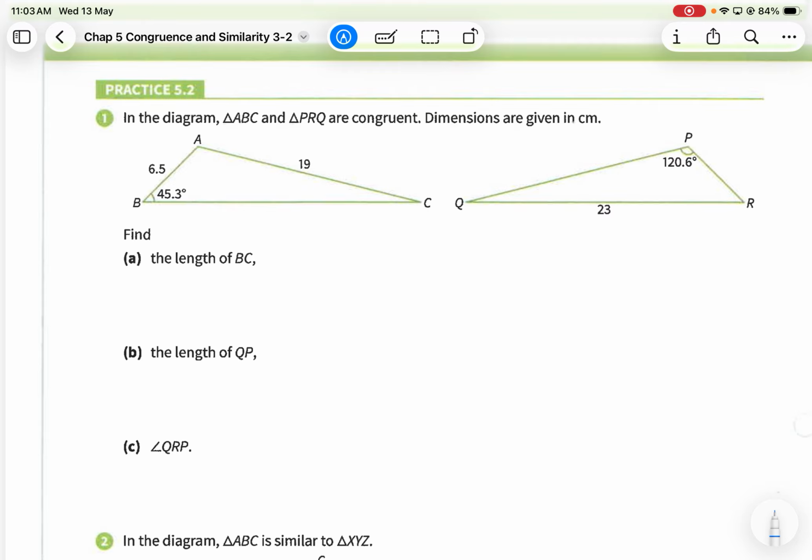So, if they have the corresponding side, they have the same length. BC, this one is slightly larger? Where got slightly larger? They are congruent.